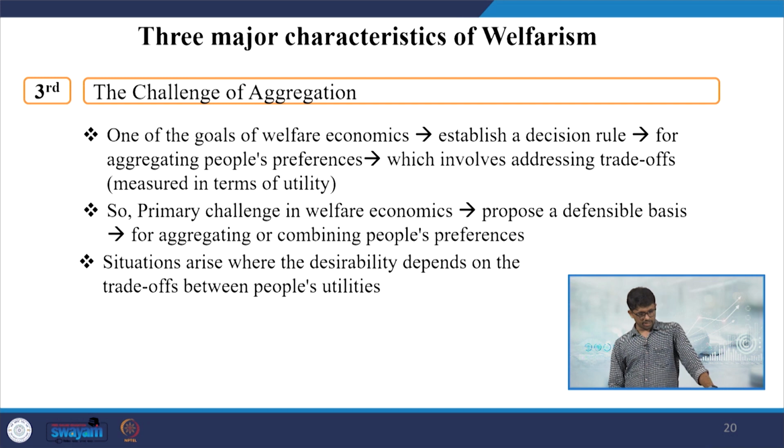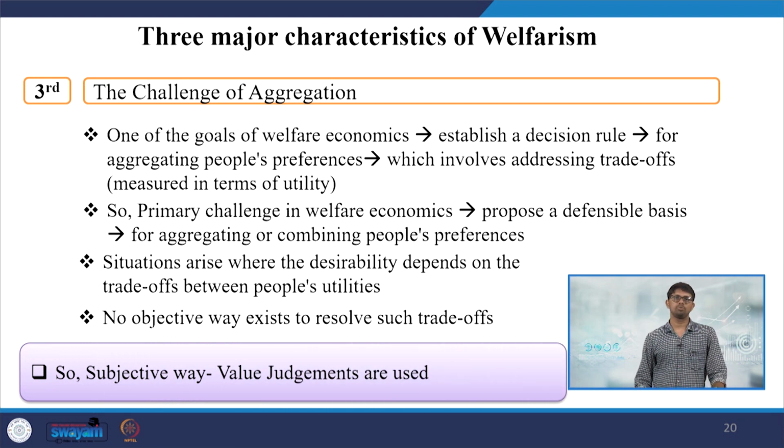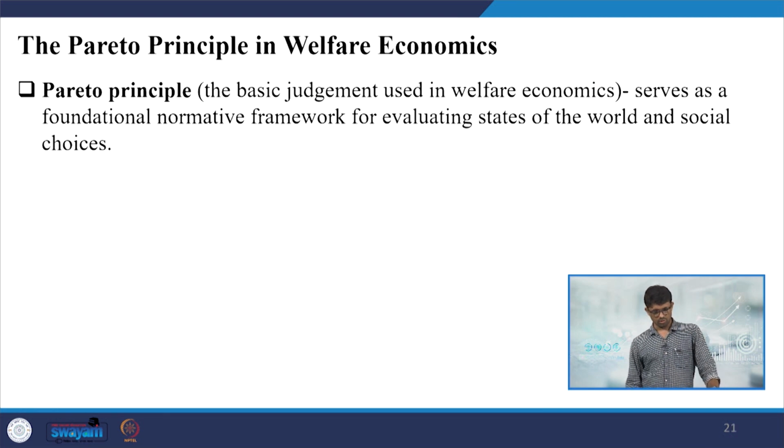Hence, situations arise where desirability depends on the trade-off between people's utilities. No objective way exists so far to resolve such trade-offs to aggregate their welfare. So, it is largely subjective and value judgment based. Value judgment methods are usually used to understand this.